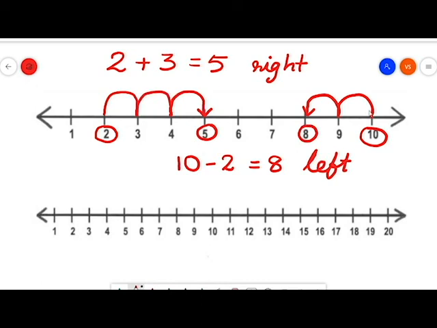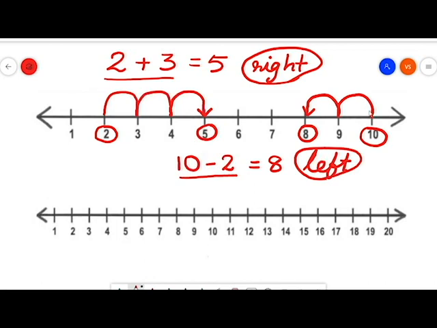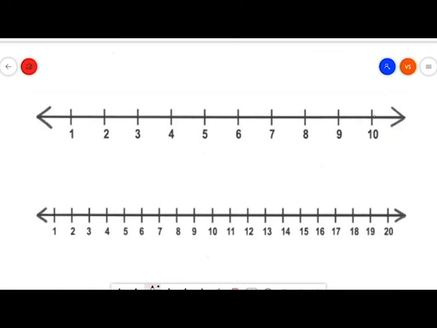This is how we have to use number line for addition and subtraction. If we are adding, we have to jump towards the right side, and if you are subtracting, then you have to jump towards the left side. We will see one more example. Let's take 5 plus 7.